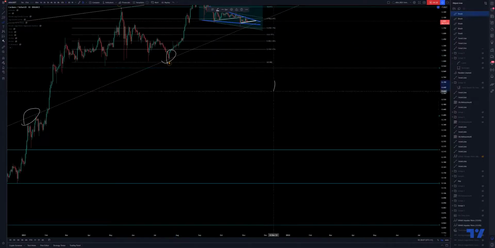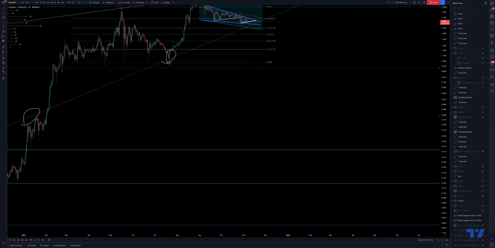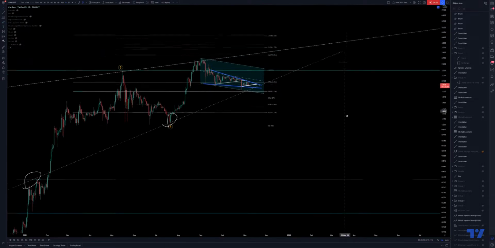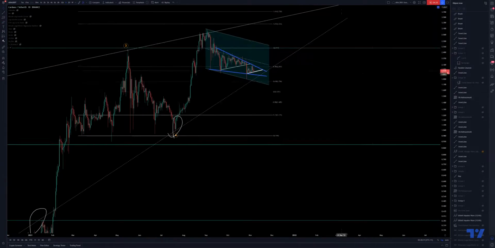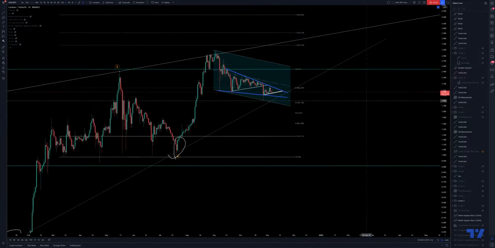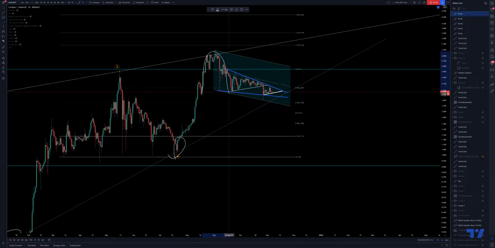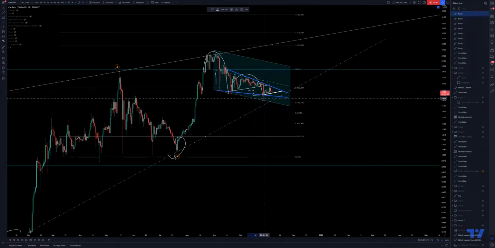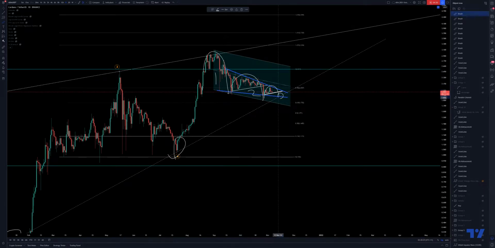Looking closer, there is definitely a scenario where, if you know my method, this is the first bounce, this is the second bounce, and this is the third bounce. The third bounce, if it gets to that pivot point, it's going. So I have this line there, and it might just drop and then up.